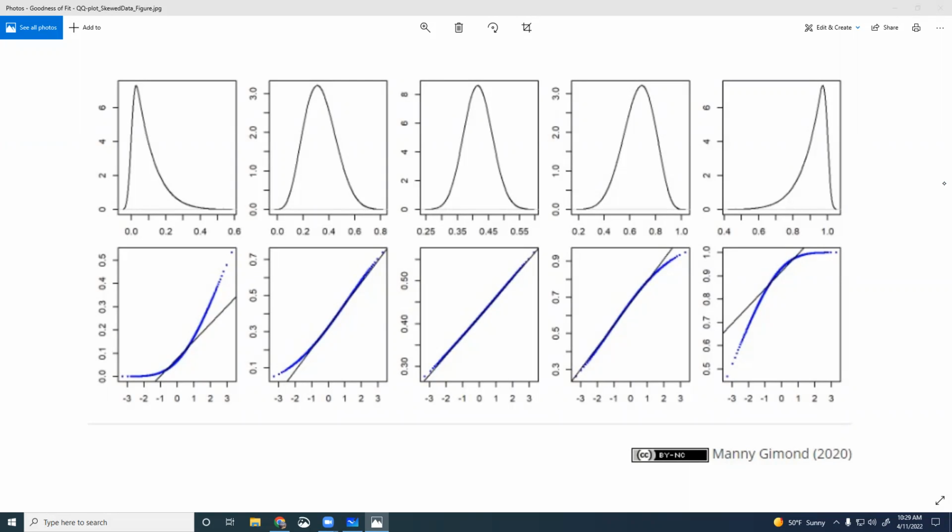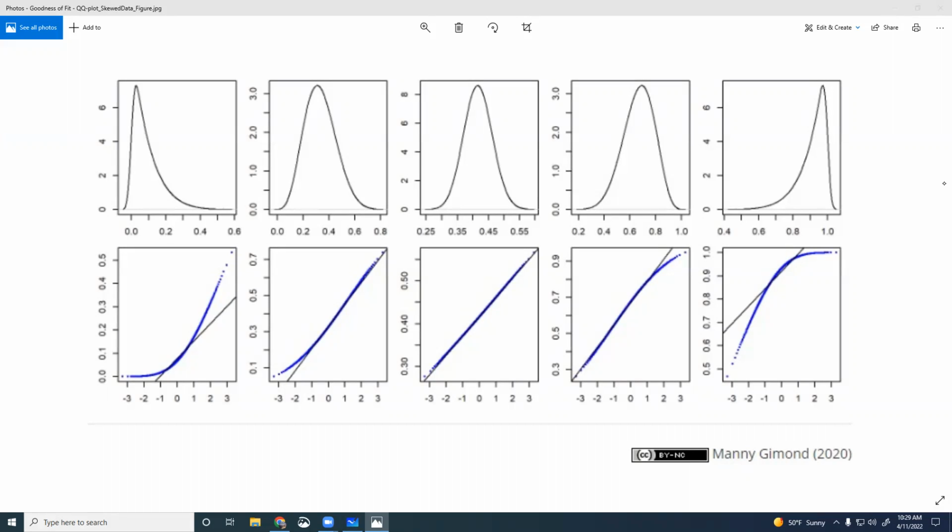So with a perfectly symmetrical normal distribution, then we have essentially perfect overlap, perfectly linear. But as we get different skewness, you start to see this divergence from that straight line. And so as we get more positively skewed, then we get this kind of concave upwards type of look.